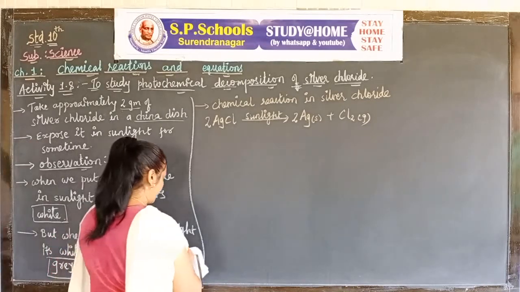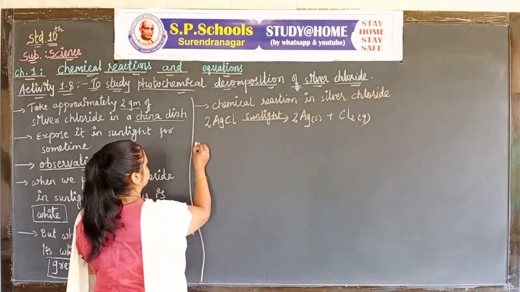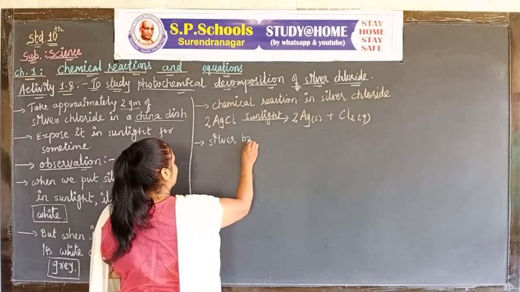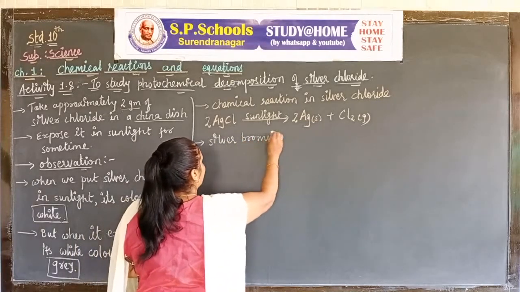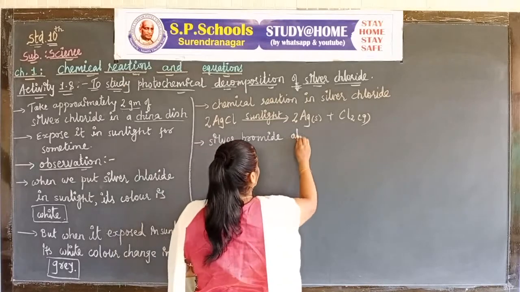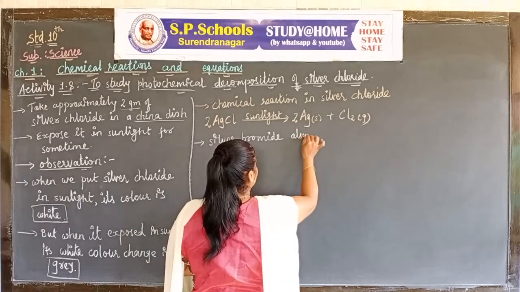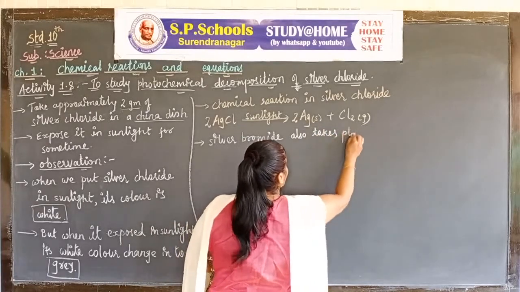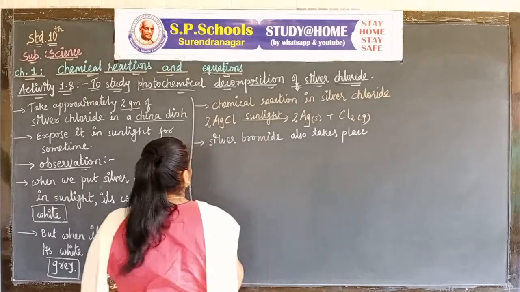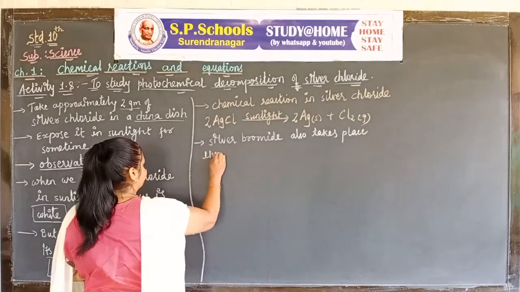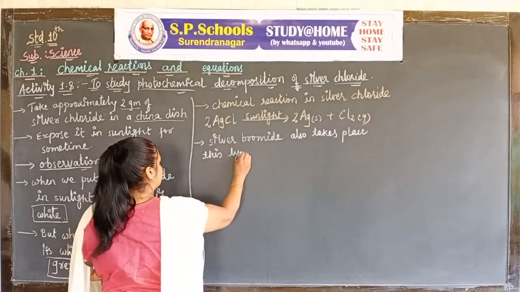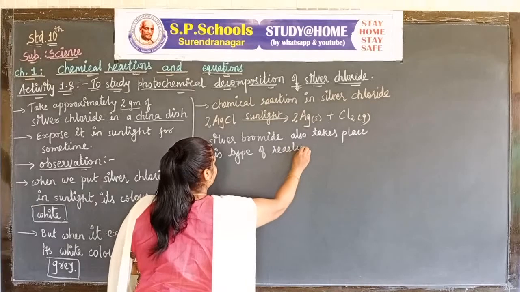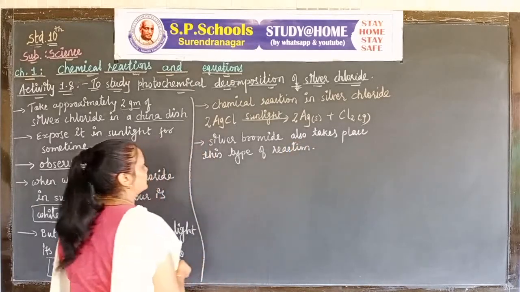Another example is silver bromide, which also undergoes this type of reaction.